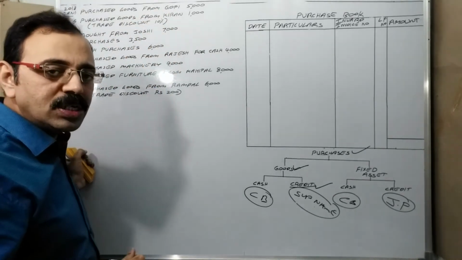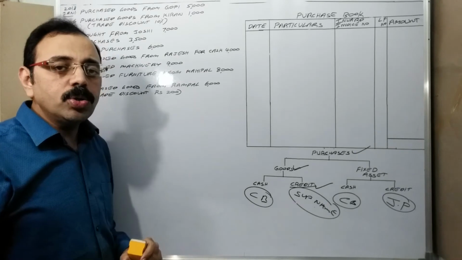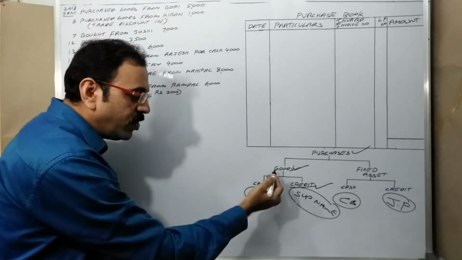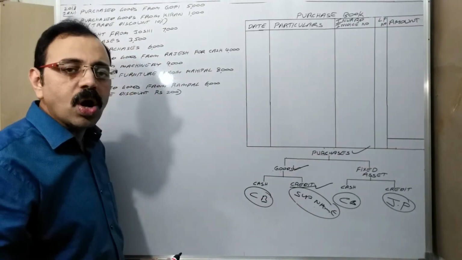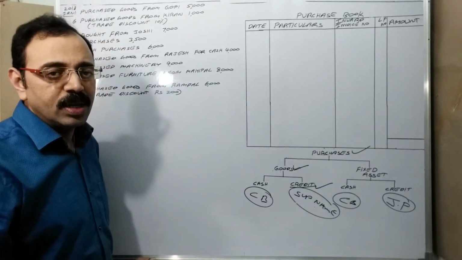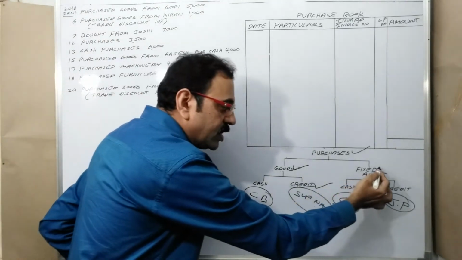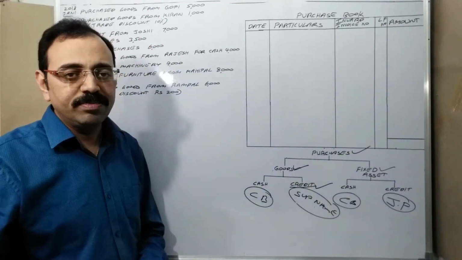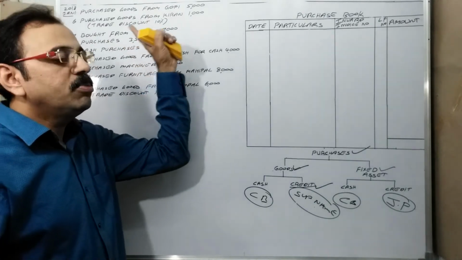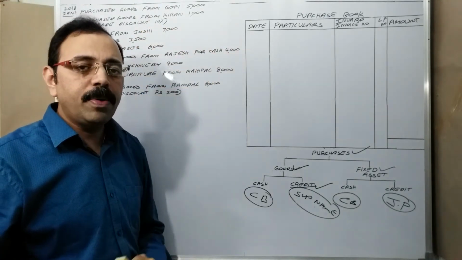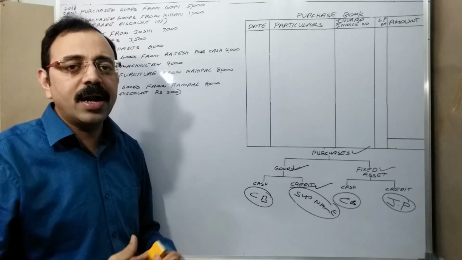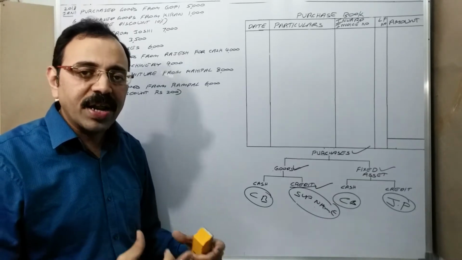Whenever you see a purchase transaction, you should observe 2 points. First one is what we have purchased, goods or fixed asset. If we buy any fixed asset, that name will be given in the question, like purchased machinery, purchased building, purchased land, purchased furniture.